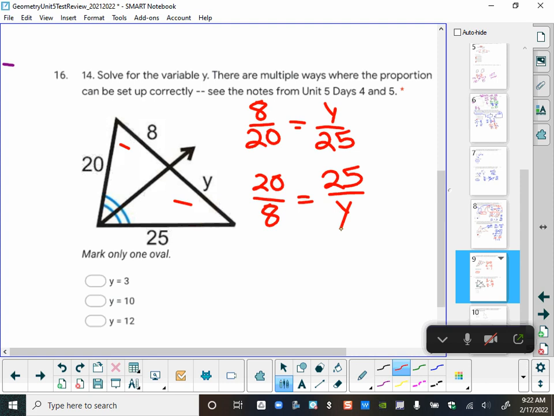Say again? 20 over 25 and 8 over y. That's another way. Good. So, all three of these are appropriate. I mean, the other way you could have done it, 25 over 20, y over 8, that would work too.